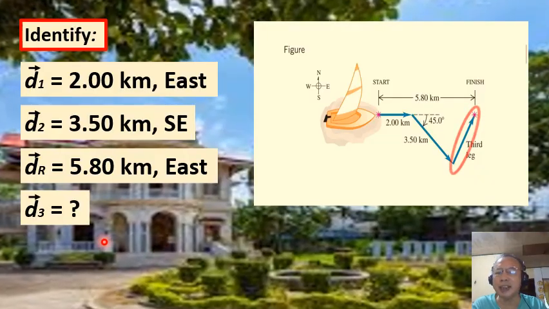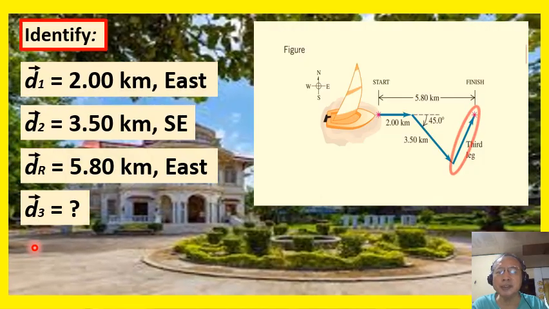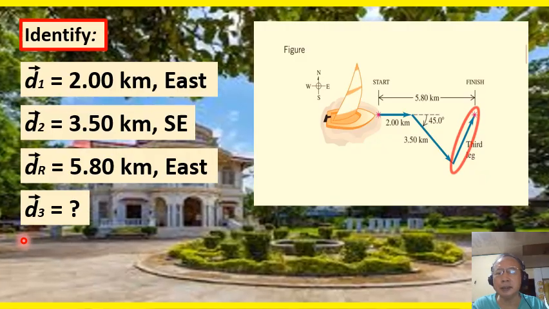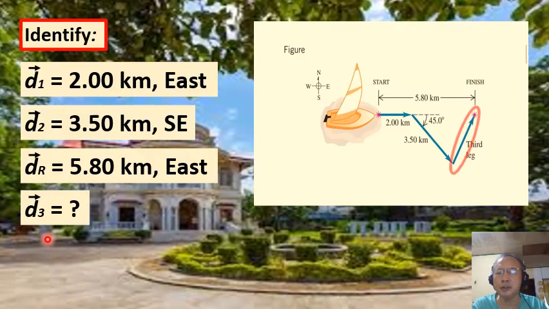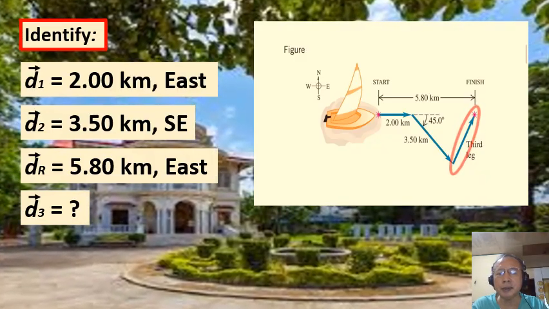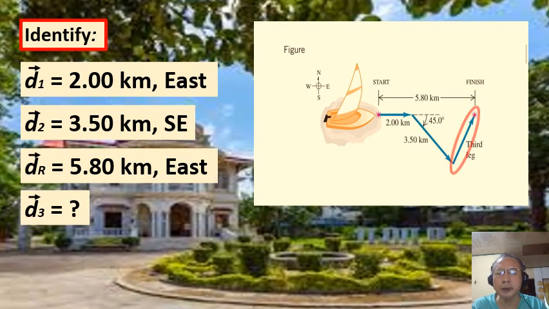And the third leg has an unknown distance, which we label here as d sub 3. It also has an unknown direction.